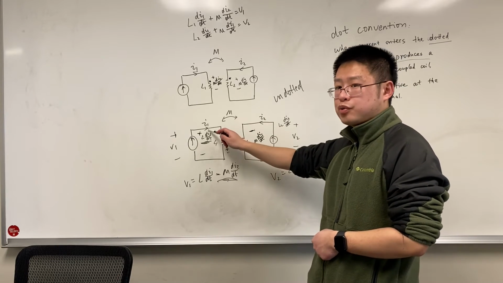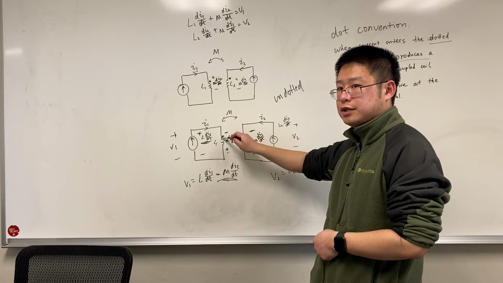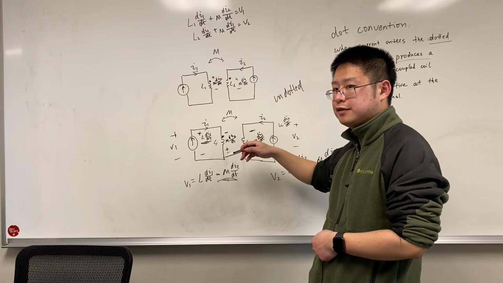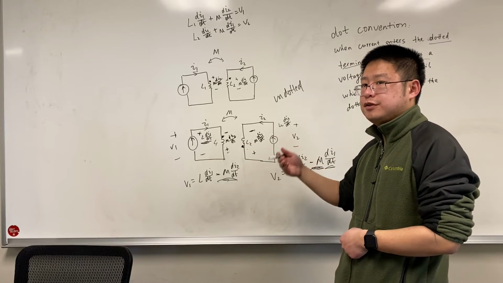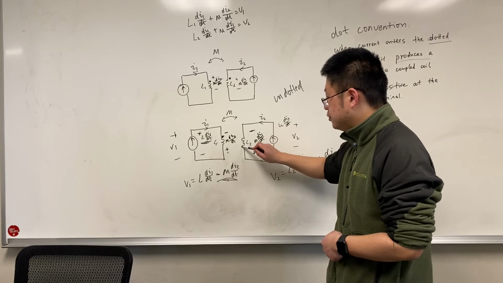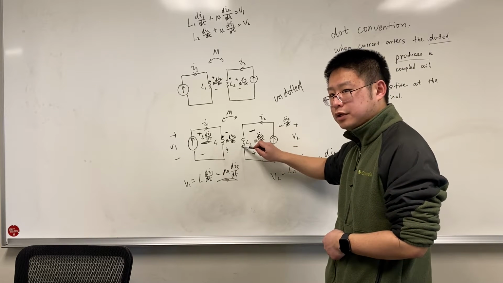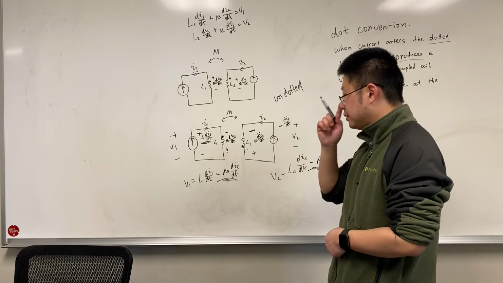And for the primary winding, it enters the dotted terminal, so it will produce a voltage in the secondary winding which is positive at the dotted terminal. So this is plus, this is minus, right?